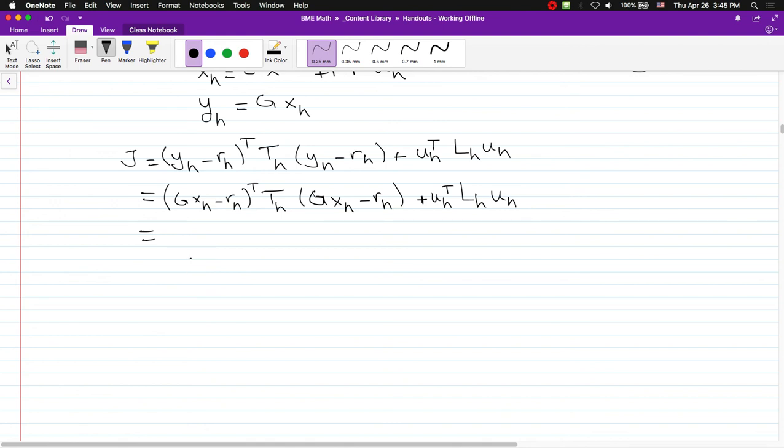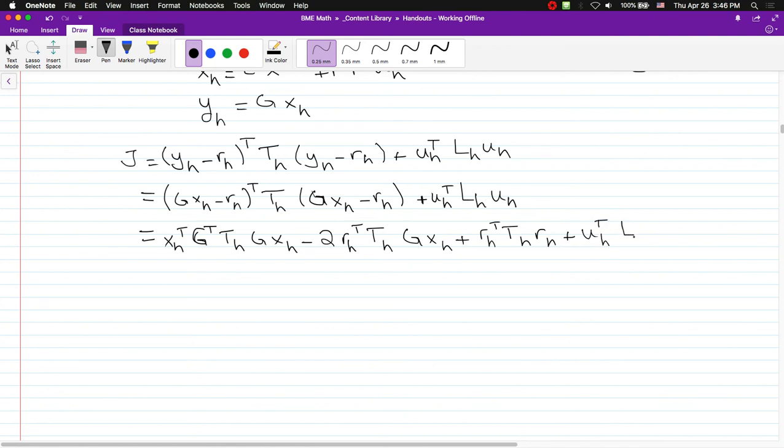All right, so let's multiply it through: XH transpose G transpose TH G XH minus 2 times RH transpose TH G XH plus RH transpose TH RH plus UH transpose LH UH.